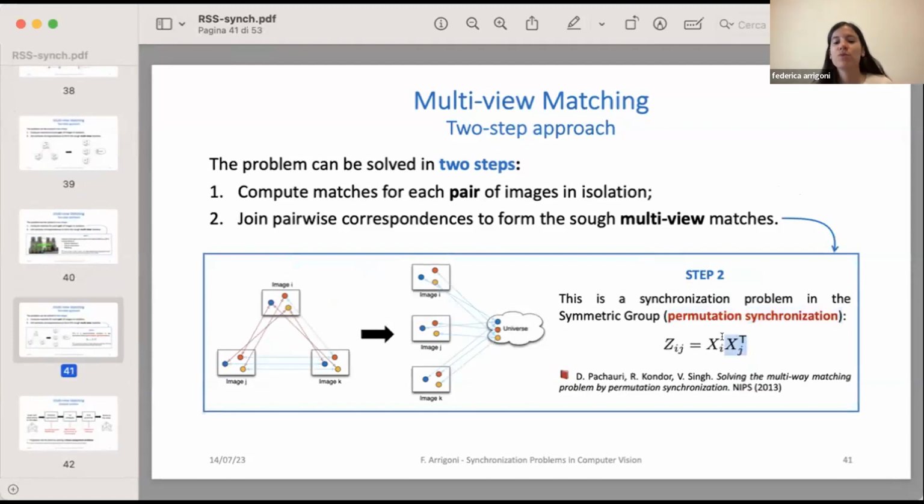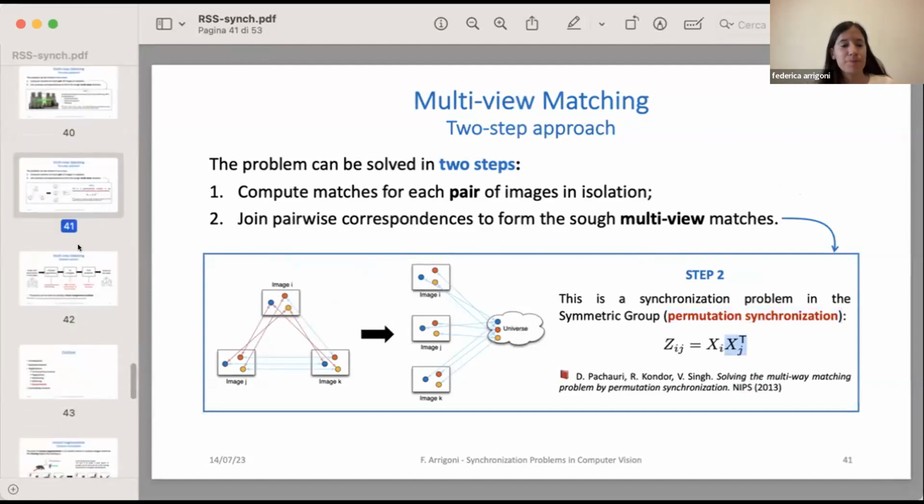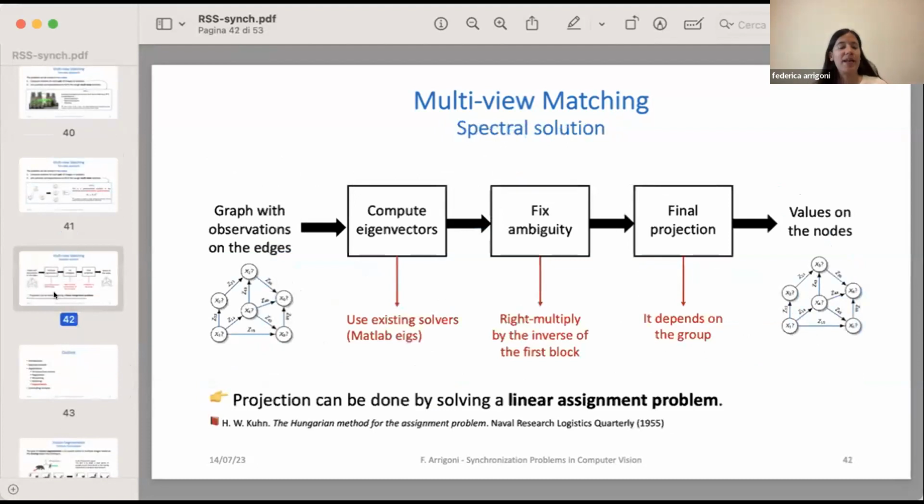And here, similarly to rotation, the inverse is given by matrix transposition. We can apply also in this case the spectral method, where the final projection coincides with the problem of finding the closest permutation to a given matrix, which is a linear assignment problem.